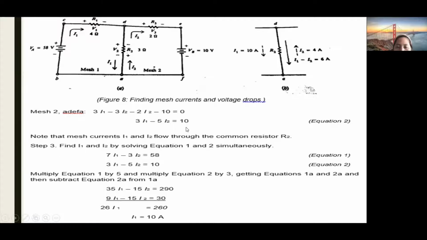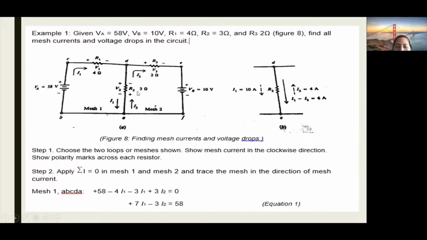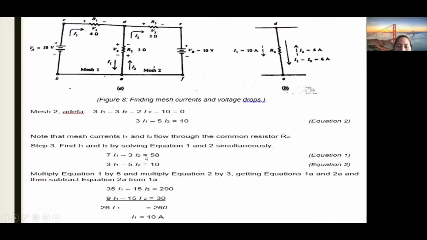Again, it's negative because it's clockwise. So the only positive here is the I1 because the direction is opposite. If you look at mesh 1, the one in the opposite direction is I2. So that's why I2 is positive. Here, the one in the opposite direction is I1. So that's why it's positive.